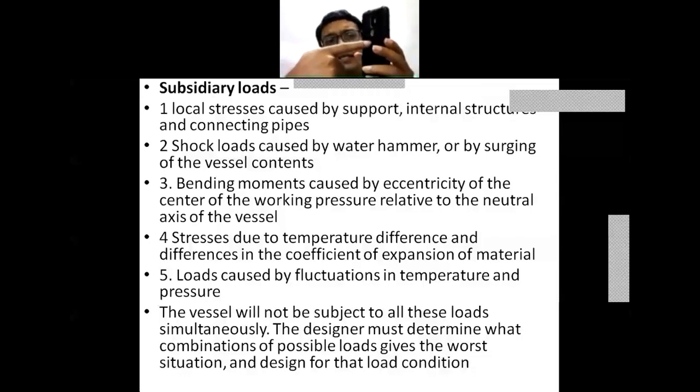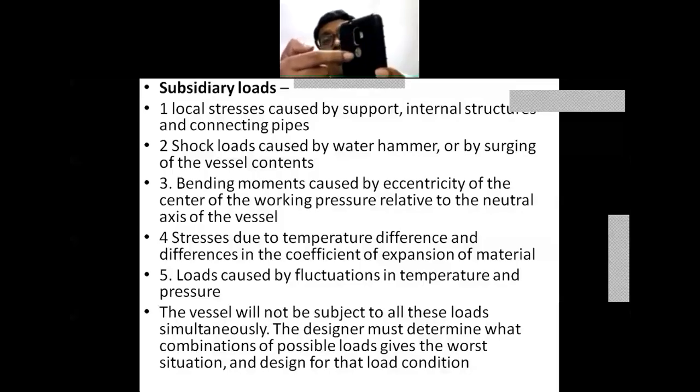At this area, different stresses will be developed, and one has to take these small stresses also into account. Here I have cut this area, but we are providing a certain thickness here, and this thickness helps as a reinforcement.